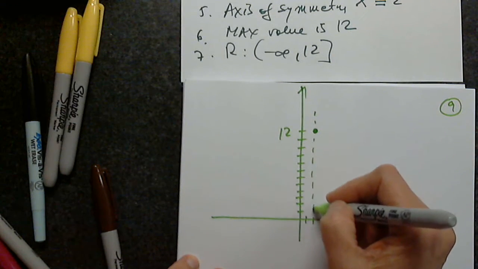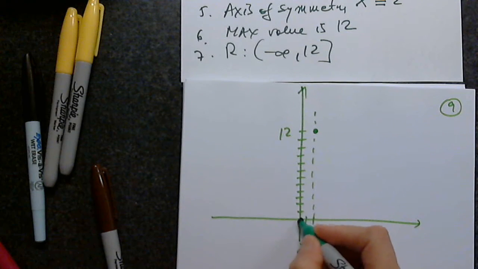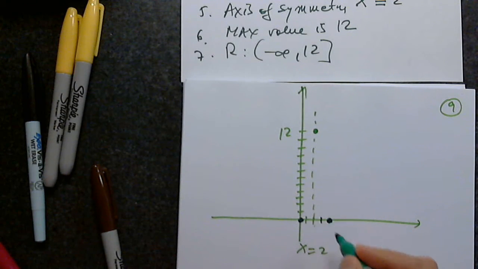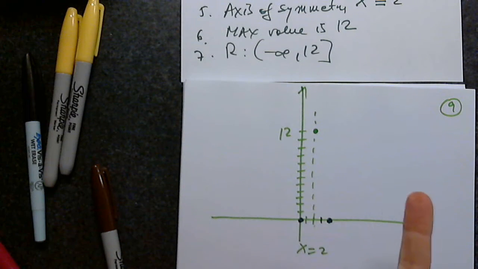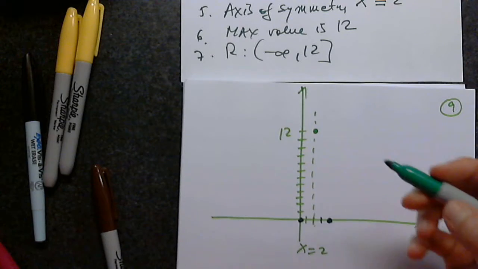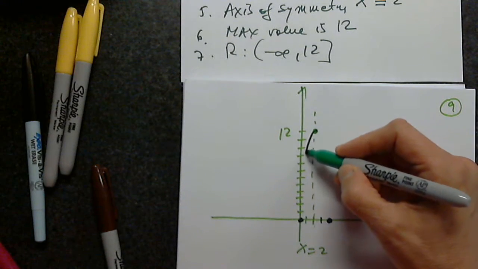I continue with the axis of symmetry, which is x equals 2, just to make sure that it helps keep the graph in shape. Okay, so (0, 0), (4, 0), and the y-intercept is still (0, 0). So here's the graph.